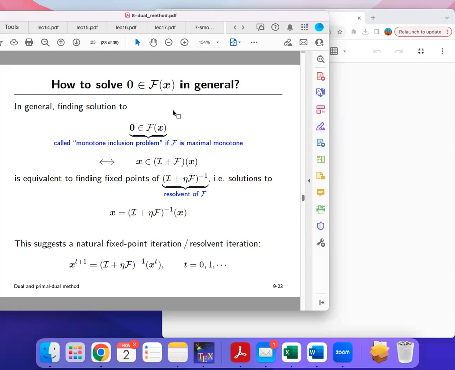We start from the inclusion equation, and then we add an identity operator to both sides, and then this part can be invertible. Basically, we start from the original inclusion equation and add some terms to both sides to make them invertible, and then we end up with a fixed point equation. But this is a simple way to construct a fixed point equation that is not practical.